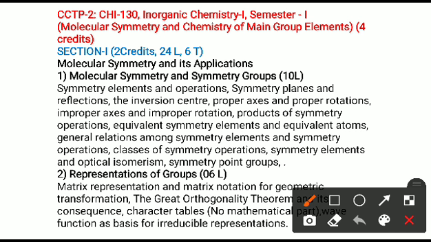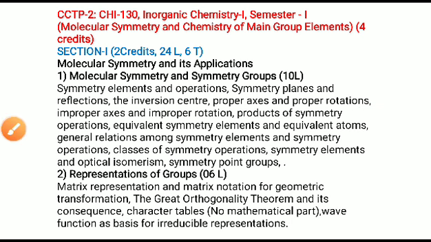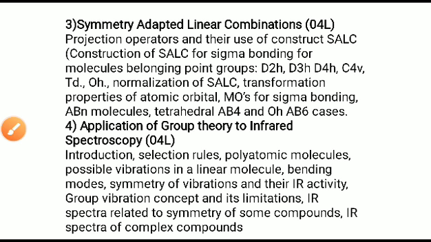First, you have to learn molecular symmetry and symmetry group. It includes the number of symmetry operations: plane, reflection, inversion, proper axis, proper rotation, etc. The second is representation of a group. It includes the matrix representation, matrix notation for geometric transformation, the great orthogonality theorem, etc. Also, it includes symmetry adapted linear combinations.